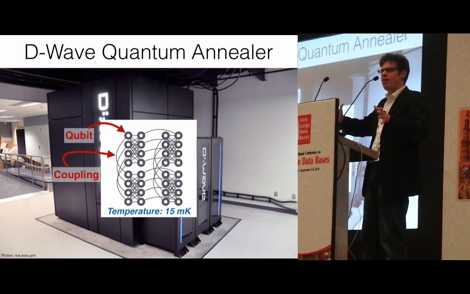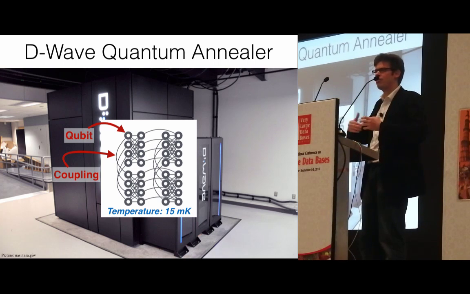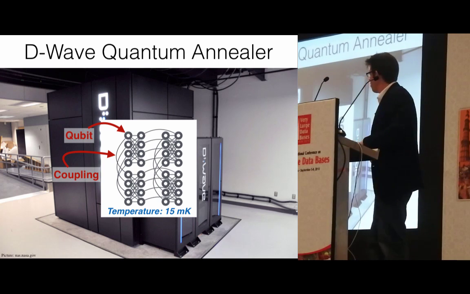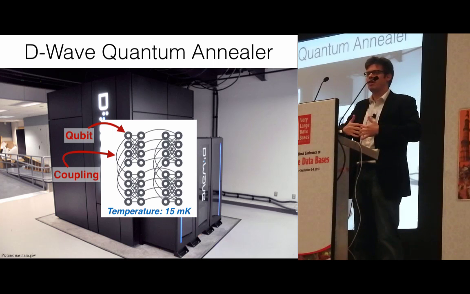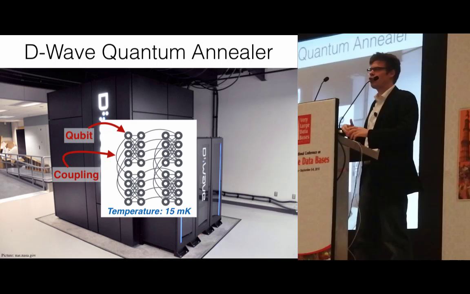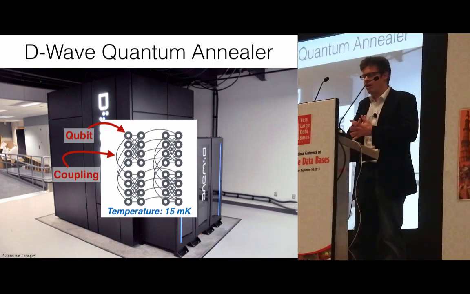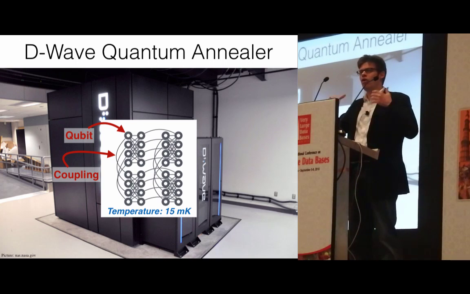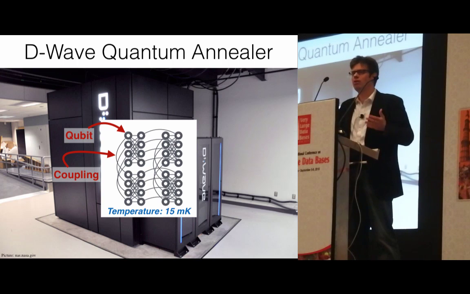Now I'm explaining the hardware to you because it defines the types of problems that we can solve on the machine. Qubits can represent binary variables, and here we are connecting pairs of qubits, so we can represent quadratic formulas which depend on binary variables.